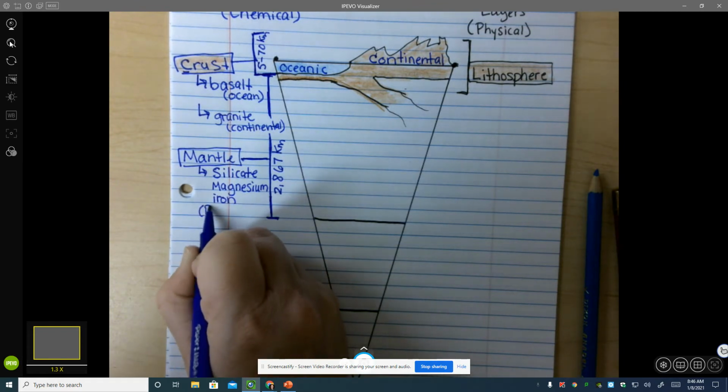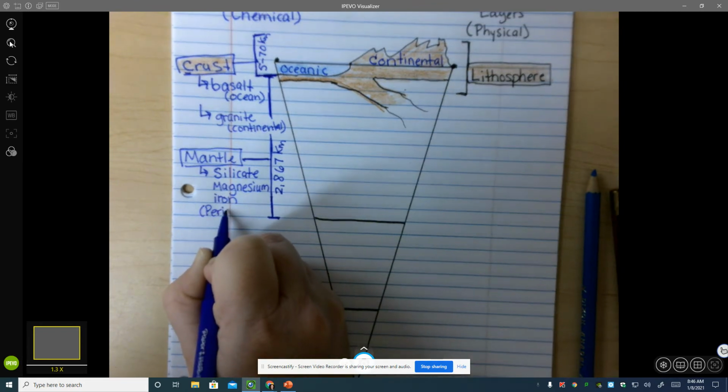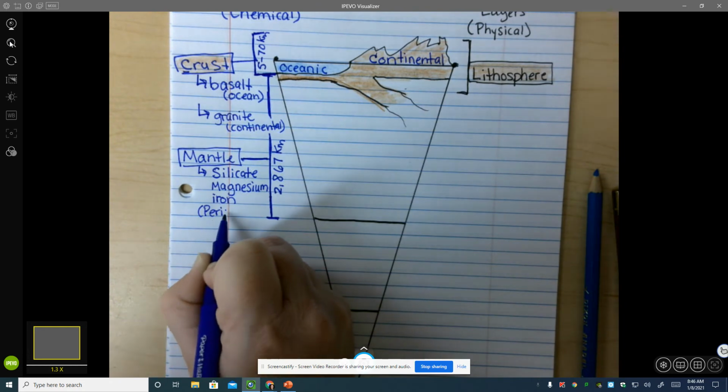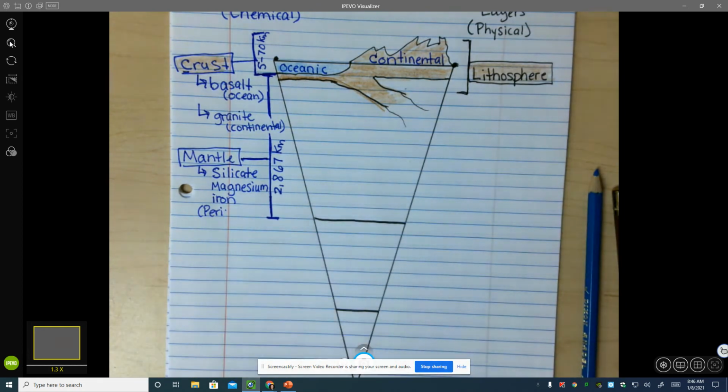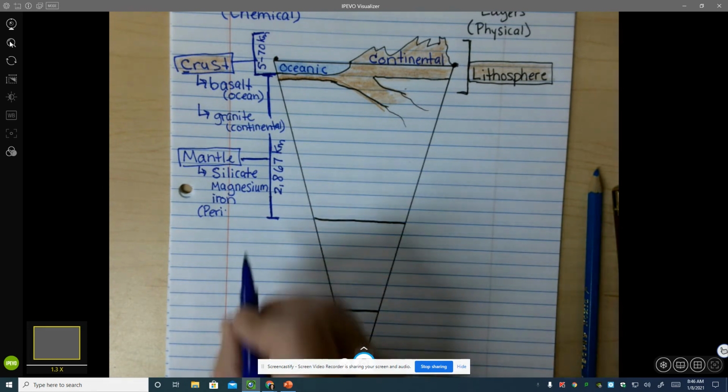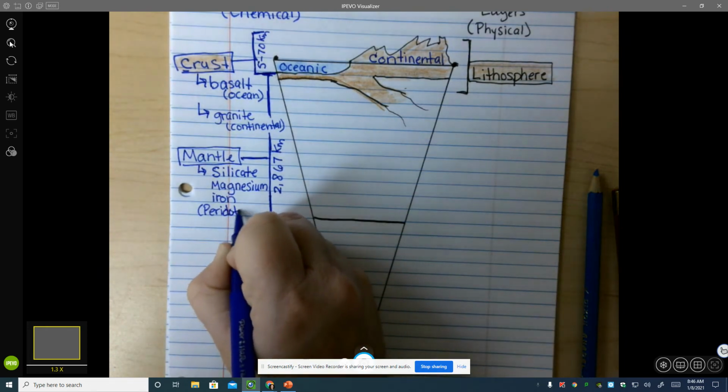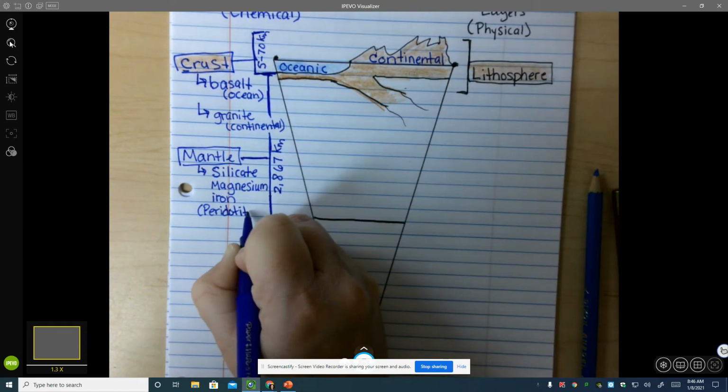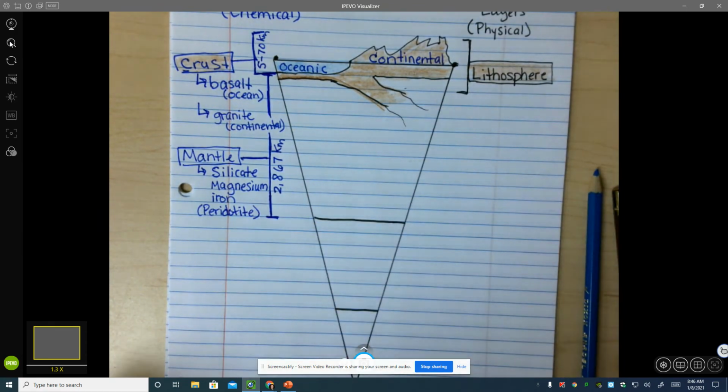So you can write that in there. How did we spell that? I don't even have that in front of me. Peridotite. There we go. So that's what the mantle is made of.